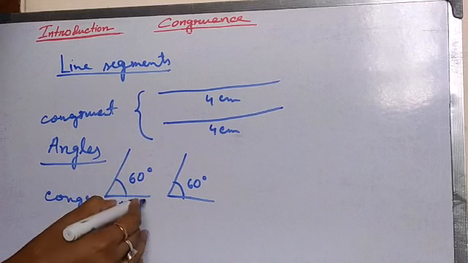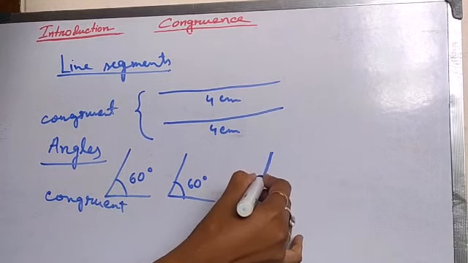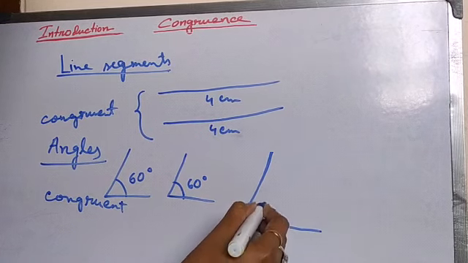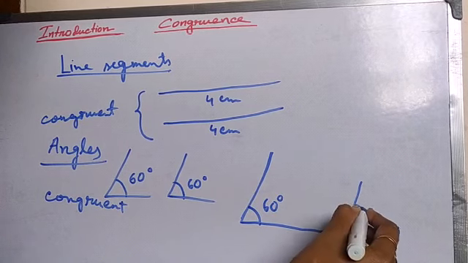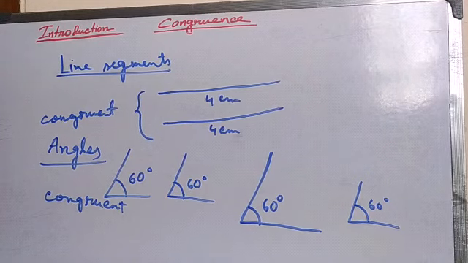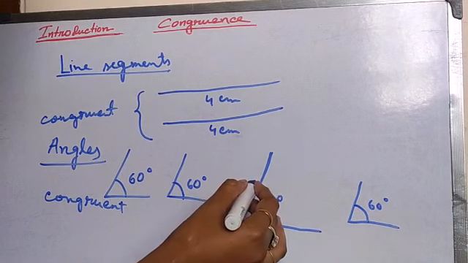But the arms of the angle, if I draw it again, suppose this is also 60° and this is also 60°. Here both the angles are the same, but the arms of these angles are not the same.